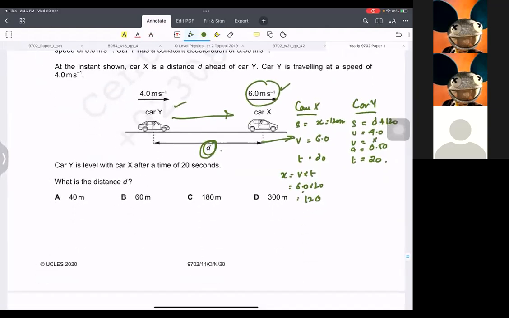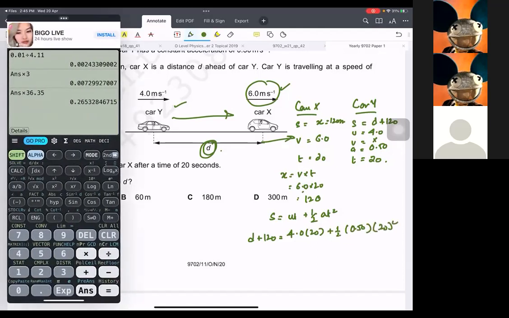I don't know. So the best equation to use then would be S equals UT plus half AT square, D plus 120. That might be wrong. 4 times 20, half, and 20 square. Okay, let's try. Okay, that brings it to 180.